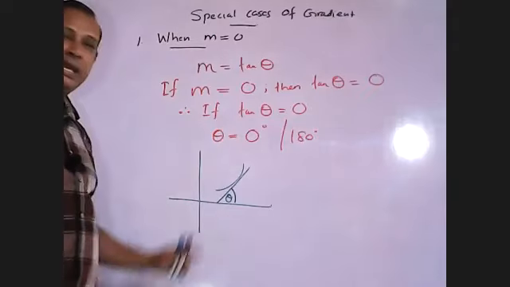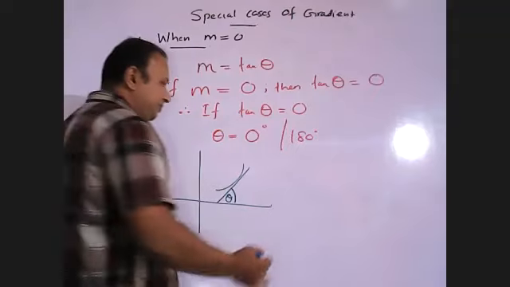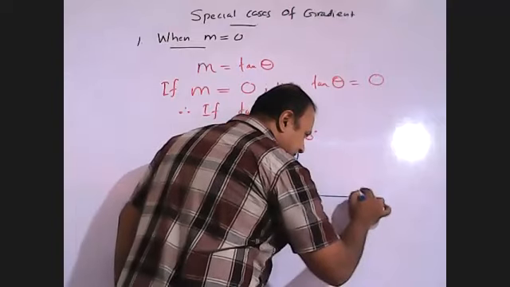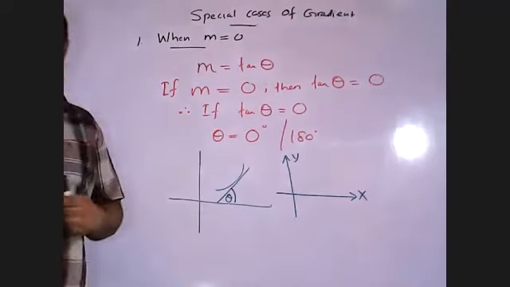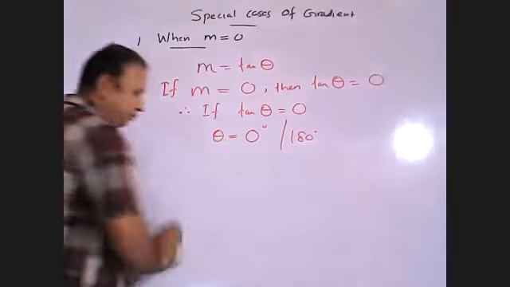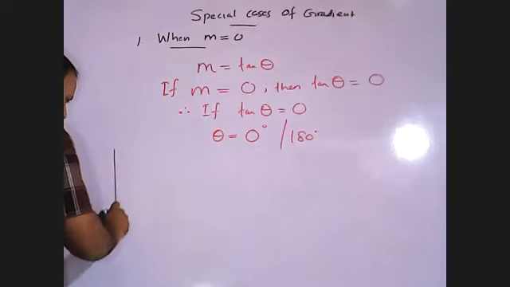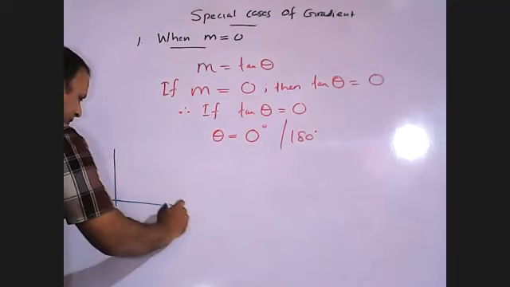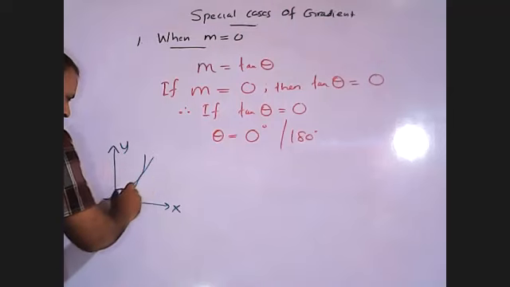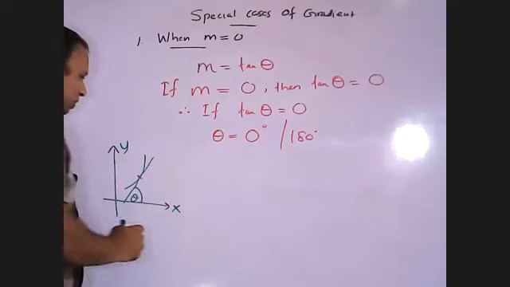Okay. That means we will have this kind of graph. Look at this one. This is y. This is x. So this is theta.